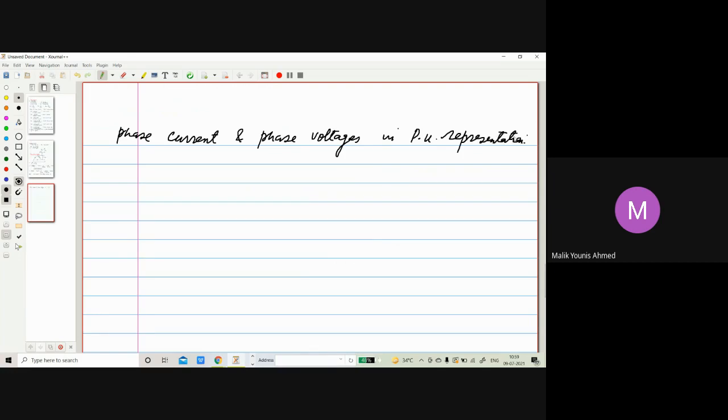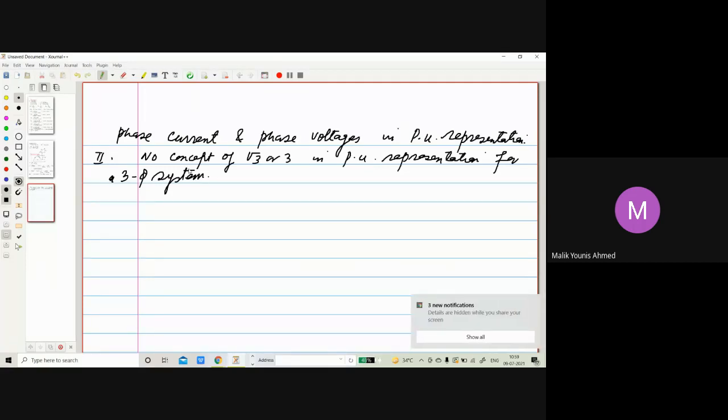Both the values will be the same as we have seen, and we have derived the expression. Again, there will be no concept of root 3 or 3 in per unit representation for a three-phase system. Well, in the three-phase system, we are talking about the delta system in this case. So for delta system, three-phase.